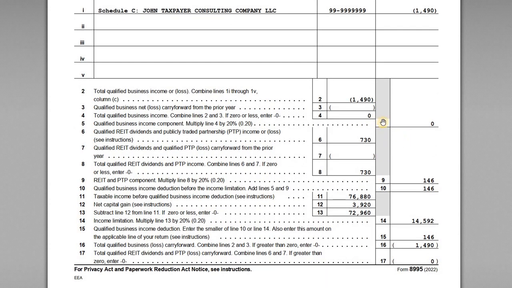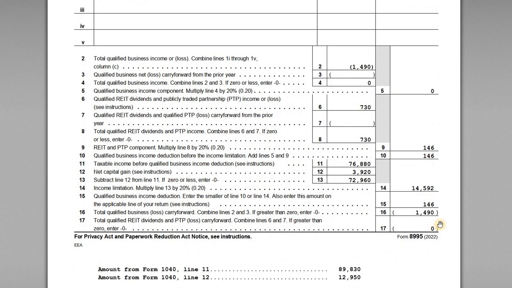So this year we're assuming that he didn't have any prior year activity or carryover. So on line 3 we have no carryover from qualified business income amounts, and on line 7 he doesn't have any carryovers from REITs or PTPs, but he does have this loss carryover for his Schedule C, which he needs to be picking up next year.